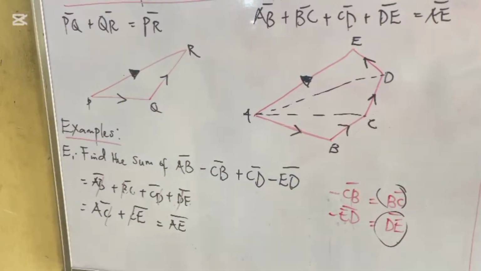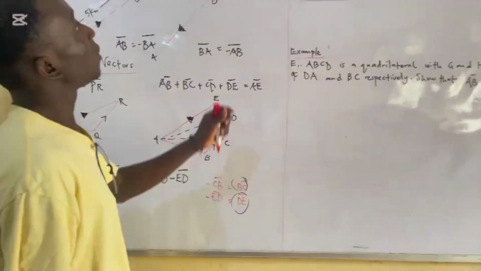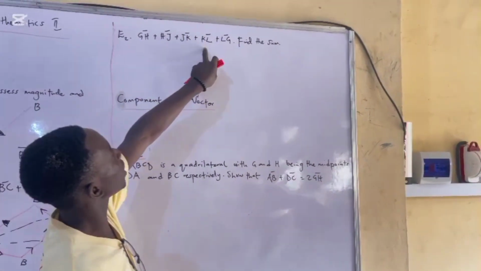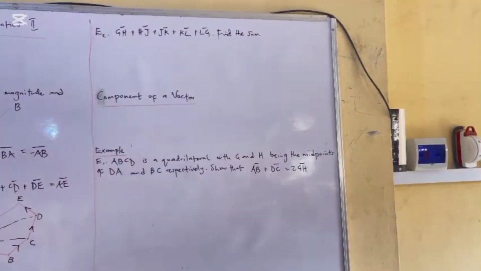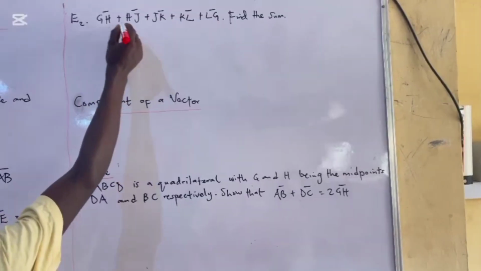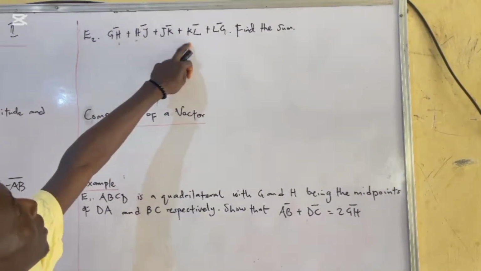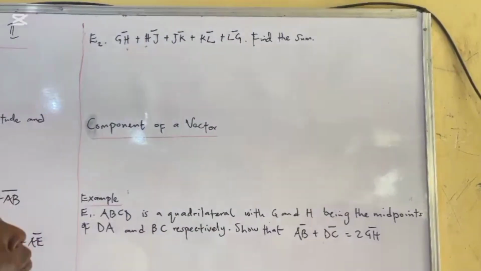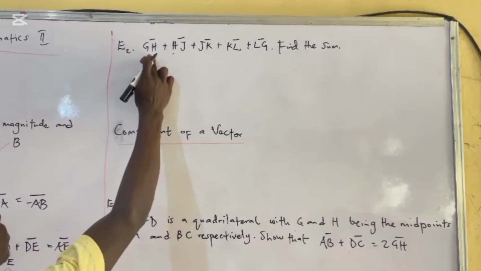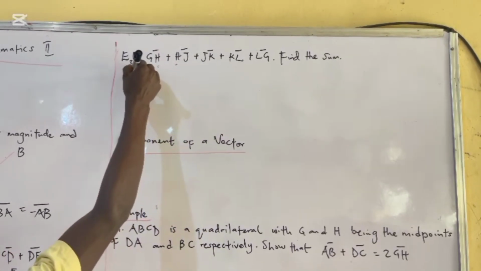So moving to the next example, on the right side we have GH plus HJ plus JK plus KL plus FG. Now find this one. It's very simple, still the same process. You can see that from here this H can cancel, we have GJ. Also from here K can cancel, we have JL, then we sum up the remaining. We don't have any minus here. So from here GH plus HJ will give us GJ.